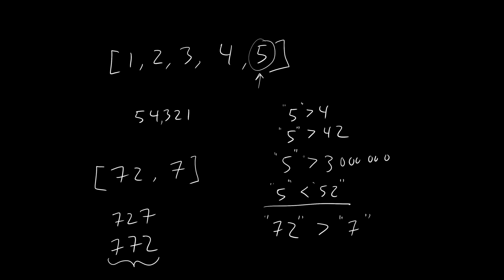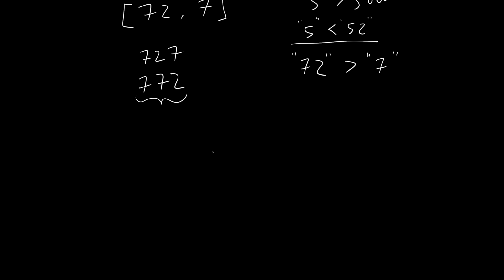So we can actually use this to our advantage. So what we can do is, instead of comparing just the string, maybe we can compare string additions. For example, instead of saying is 72 bigger than 7, what we can do is 72 plus 7. So we combine these strings.